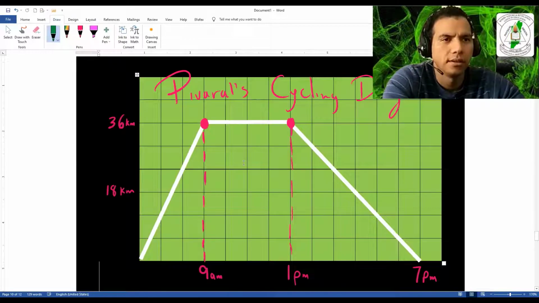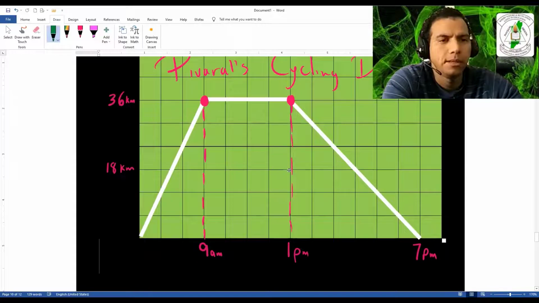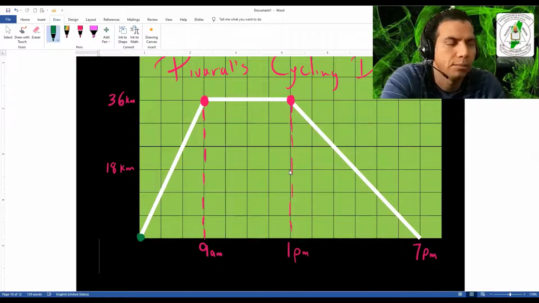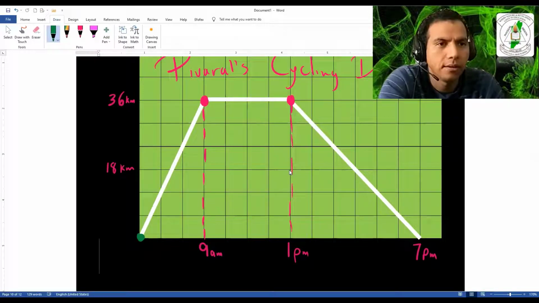Now in this scenario, we have Peverell's cycling day. At what time did Peverell leave? At what time did he leave? Well, if we consider the different units of time that are provided here, 9 o'clock is here.